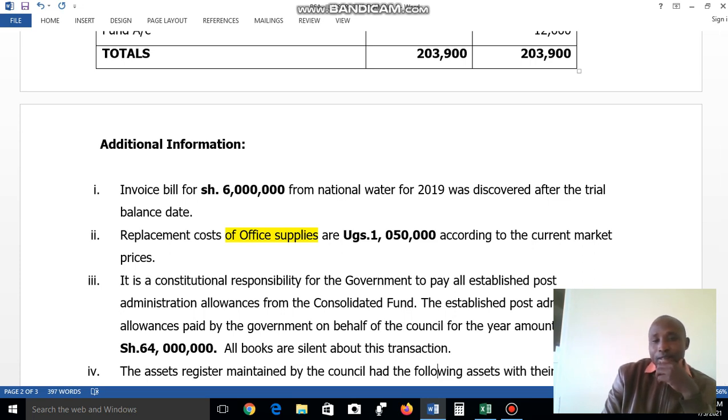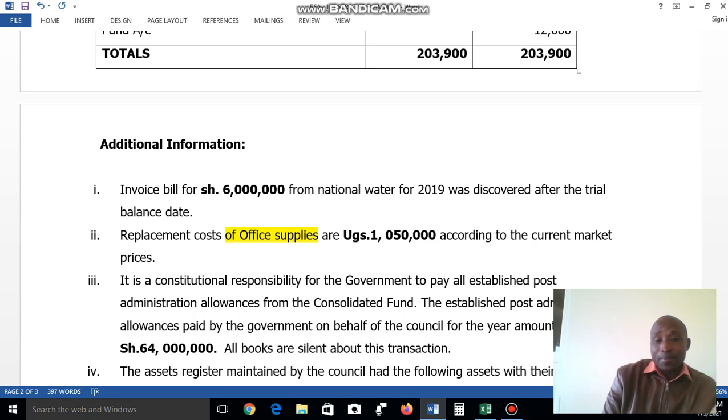So the replacement cost, assuming that you have sold it all and you have got the same money, 1.2 million, and you go to the market to buy another inventory of the same quantity, then you'll find the value of the inventory supplies actually reduced.